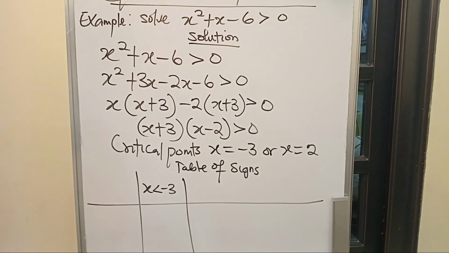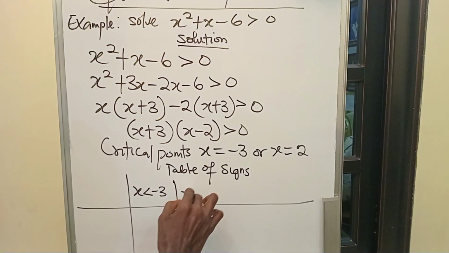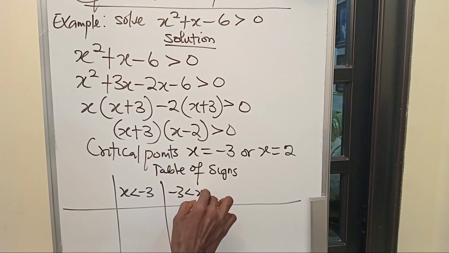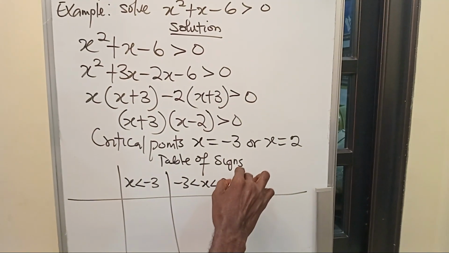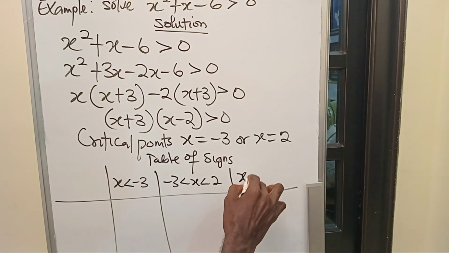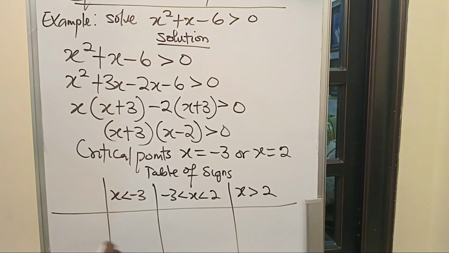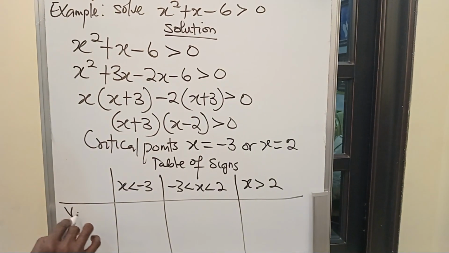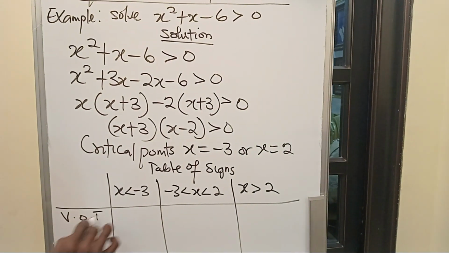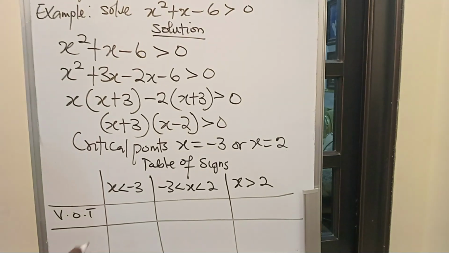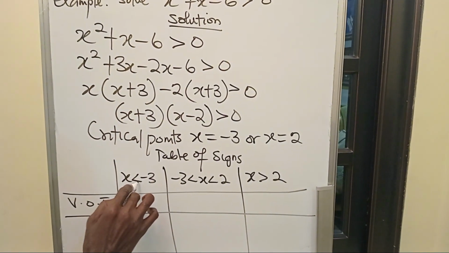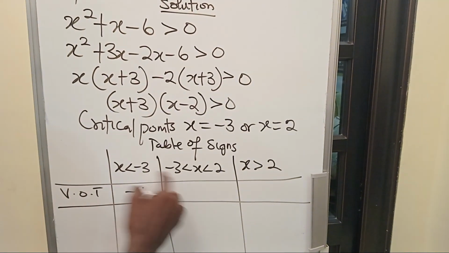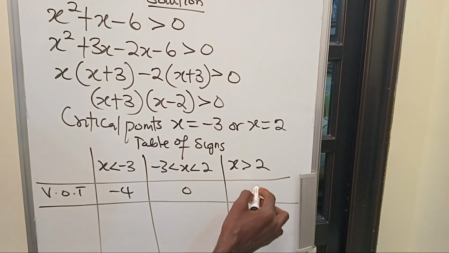I'll also take the middle, so I have minus 3 less than x less than 2, and then I will have x greater than 2. I'll also have values for testing. My values of testing: I'll pick minus 4 from here, 0 from here, and 3 from here.